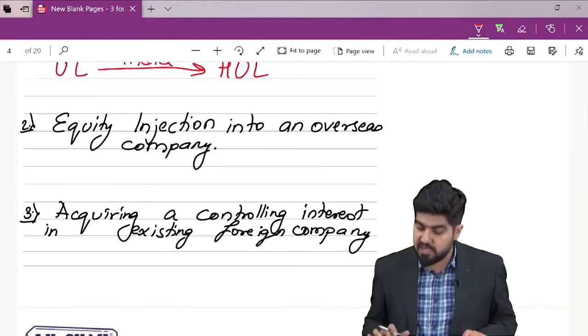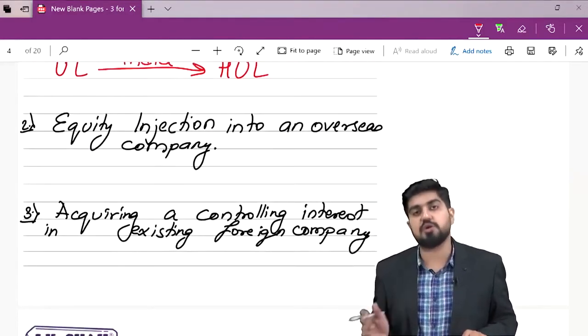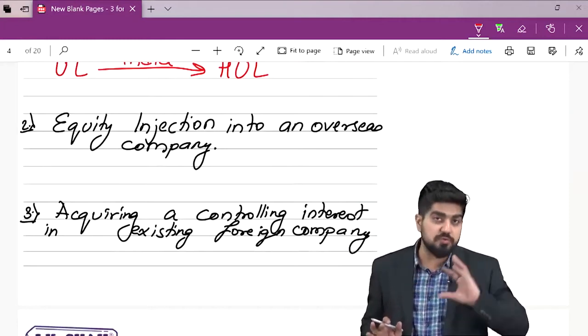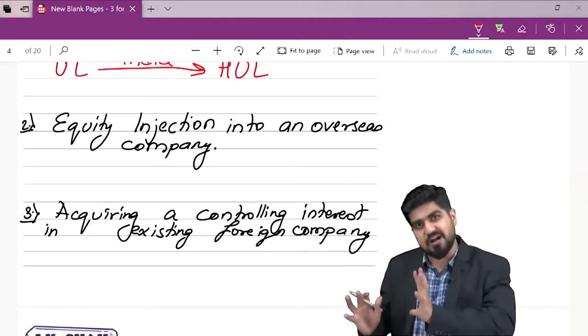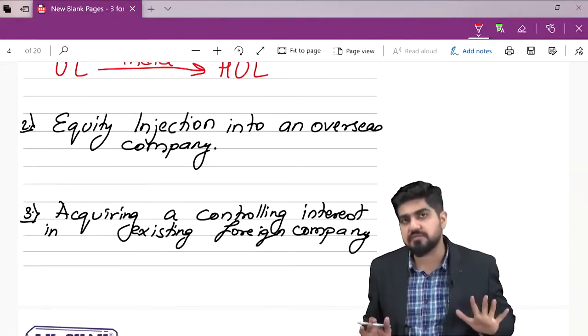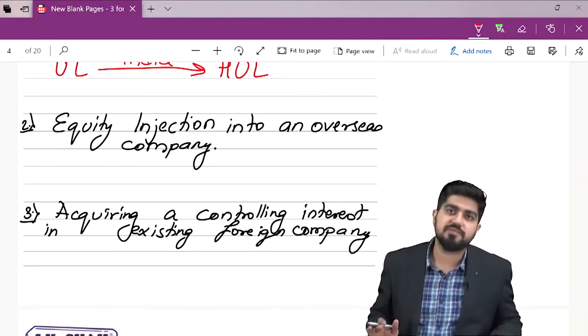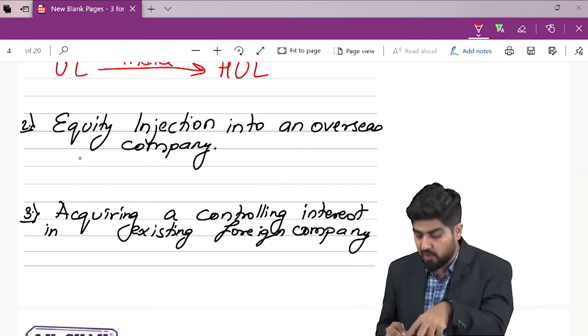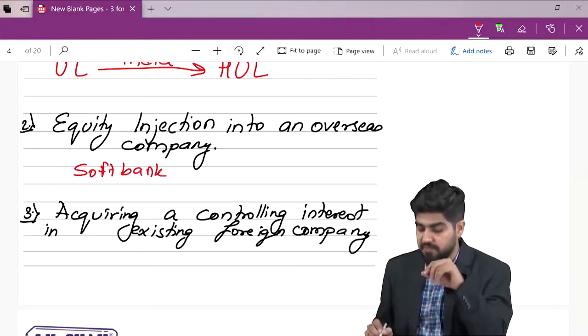Next, equity injection into an overseas company. Equity injection into an overseas company means they are not opening a subsidiary. There is already a company which exists. They are just putting their investment in this country and the company. Let us talk with an example. A company called SoftBank, an investment bank basically from Japan.